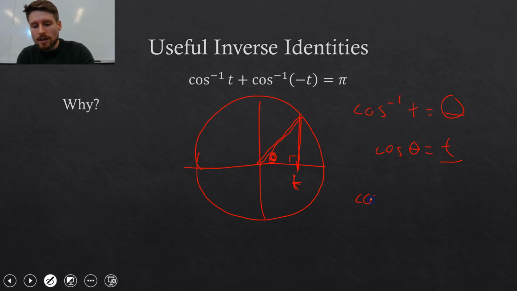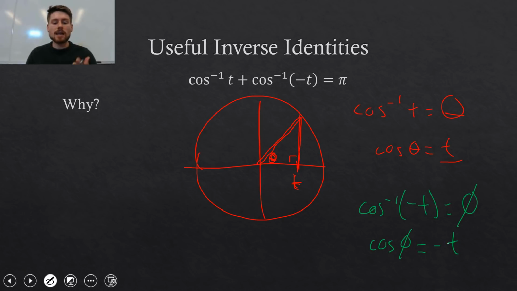So cosine inverse of negative t is another angle. So we got to use a different name, okay? So we've already used theta. Let's use phi. So cosine inverse negative t equals the angle, another angle, where cosine of phi equals negative t.